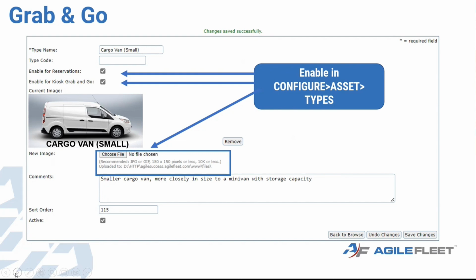And you can identify that by adding text to the picture before you upload it that says what type that is. And then also within that configuration, you want to make sure that usage type is active.